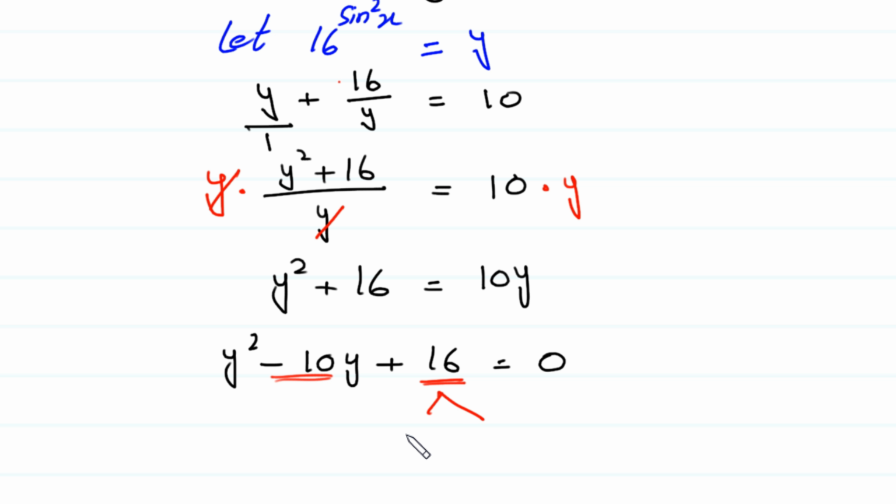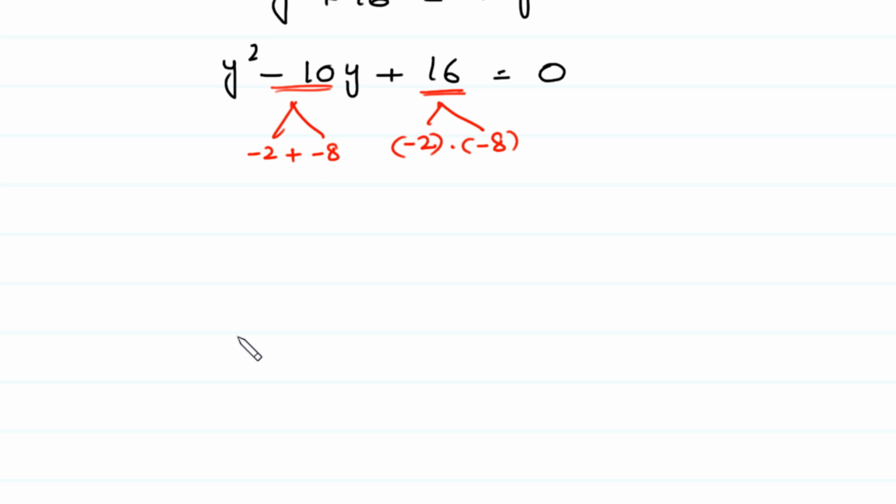The product of negative 2 and negative 8 is equal to this number plus 16, and sum of minus 2 and minus 8 is equal to this number negative 10. So we can write this equation as y square minus 2y minus 8y plus 16 is equal to 0.